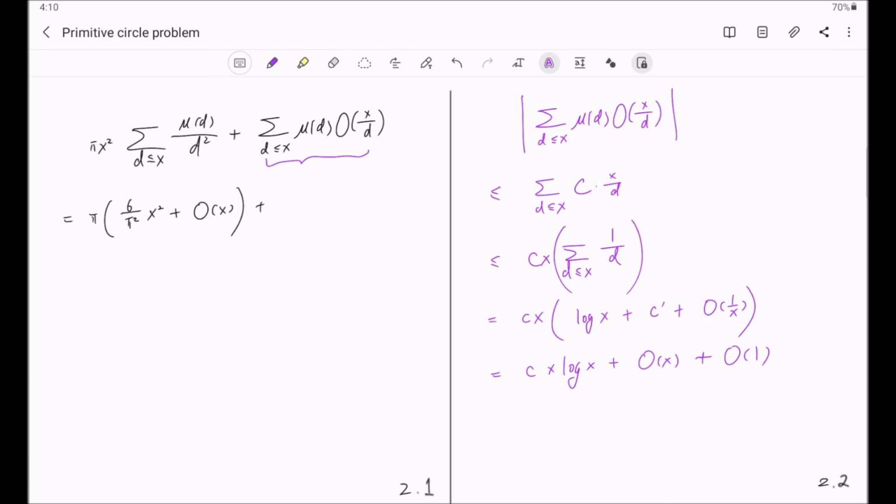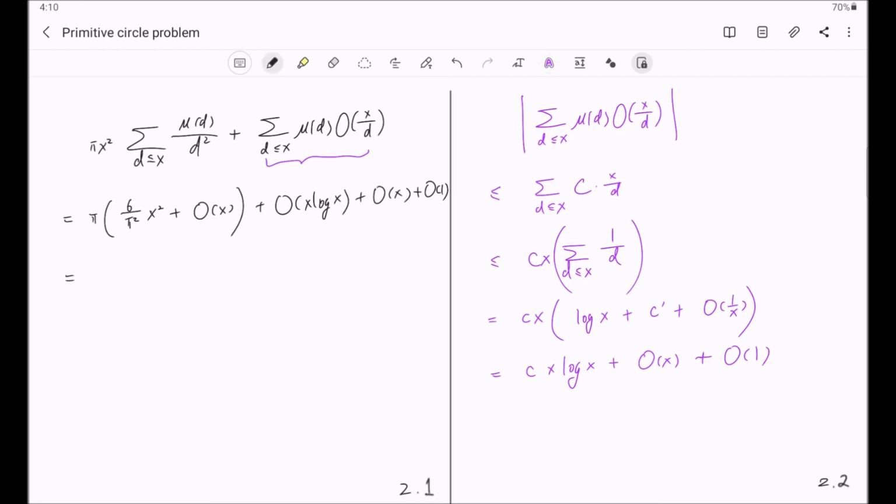And now you can plug all of this back to here. So the second part will be big O of x times log of x plus big O of x plus the big O of 1. And now let us simplify this.